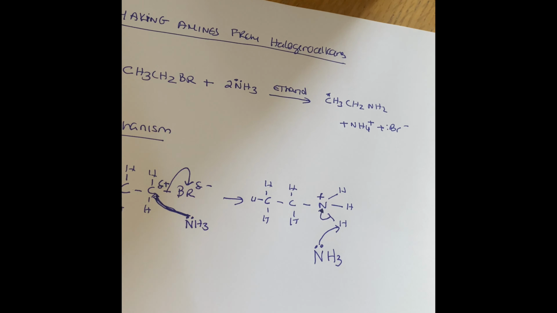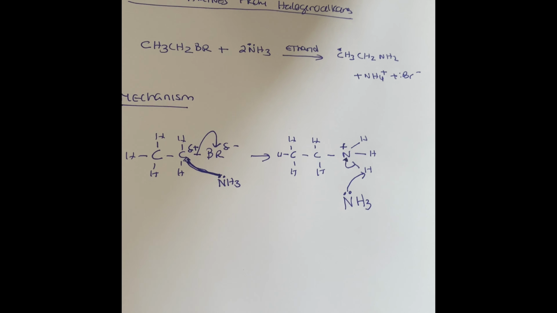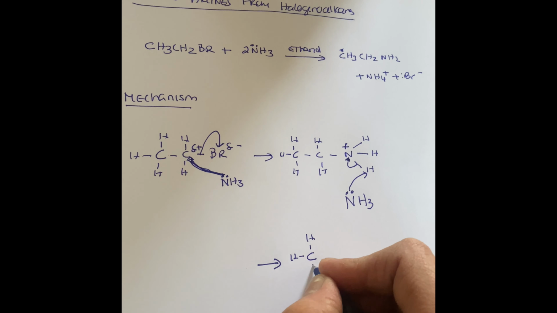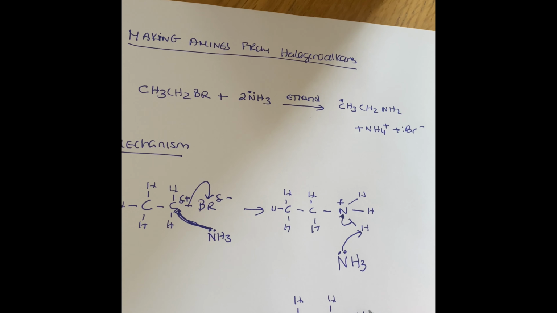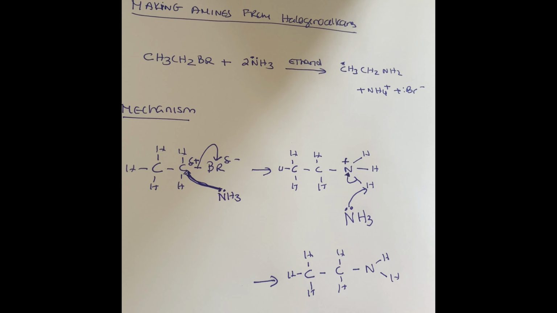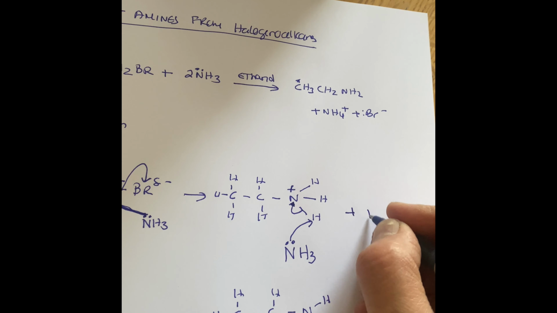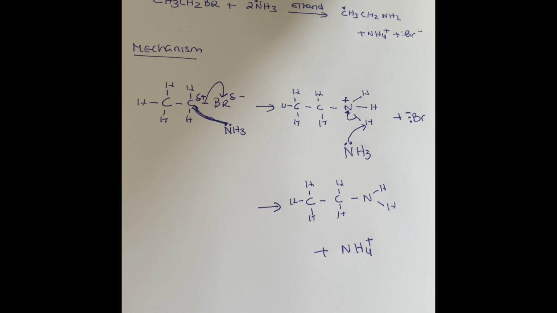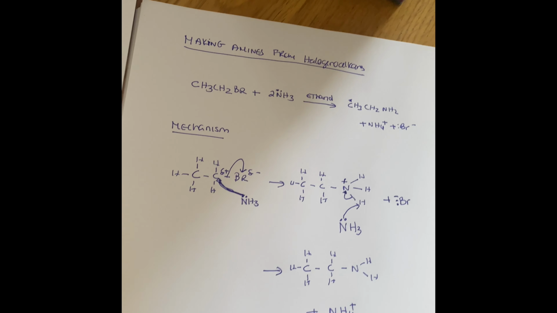Okay, so it's always negative to positive. So what happens is you have now your amine formed, plus NH4 plus comes out. But I mustn't forget that on the first step you got the Br minus coming out, because I forgot to tell you that. So that's another nucleophilic substitution reaction of haloalkane.